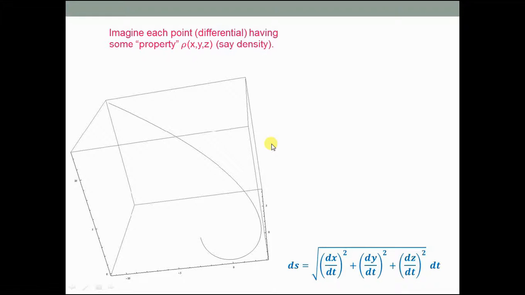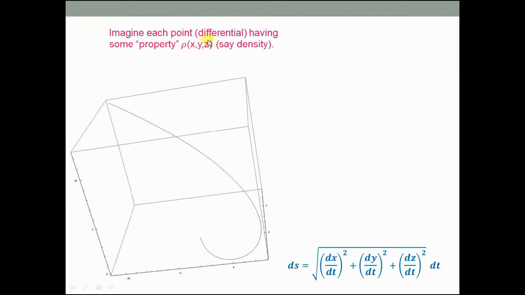So maybe the dimension of density perhaps, or the dimension of heat, or the dimension of hue. So I'll just go ahead and think of a dimension of a general property P, whatever P you want to think of, as long as P can be real and numerical.